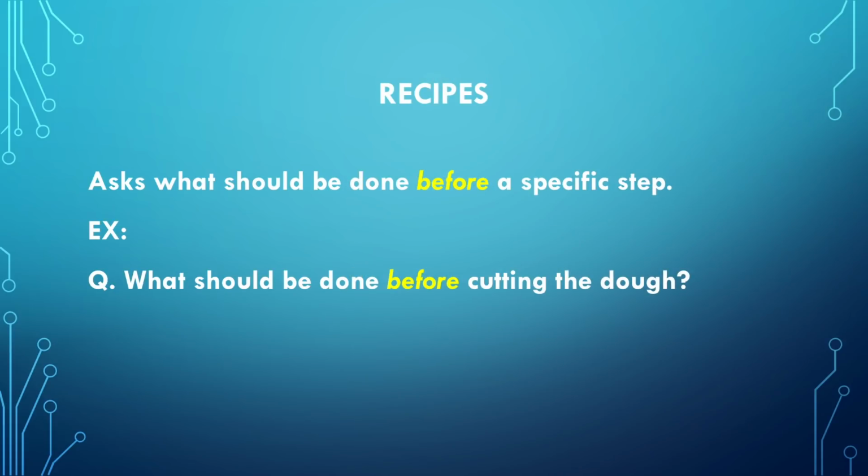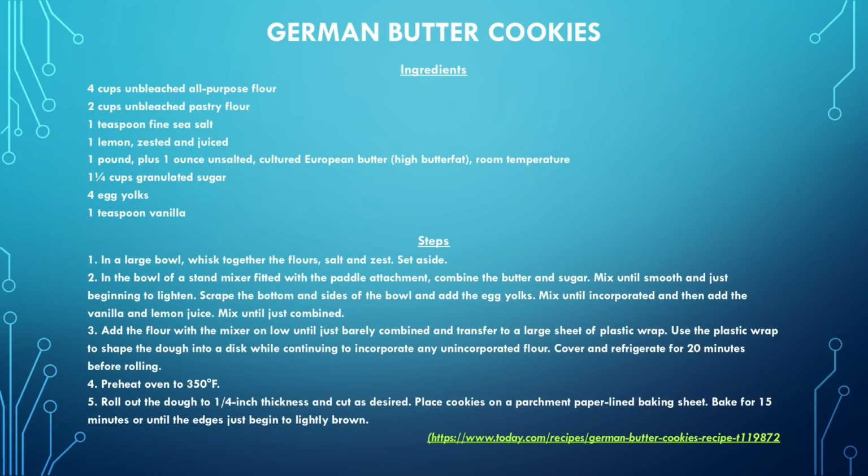Another kind of question that you might get on a recipe asks what should be done before a specific step. So, for example, what should be done before cutting the dough? Here's a recipe for German butter cookies. You see the list of ingredients and you see the steps.